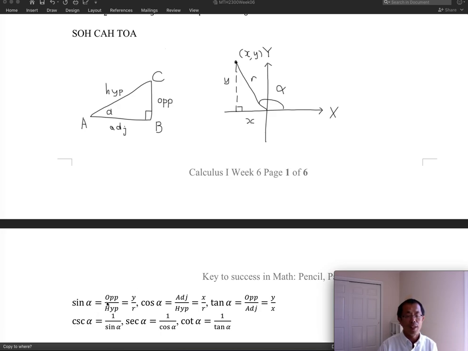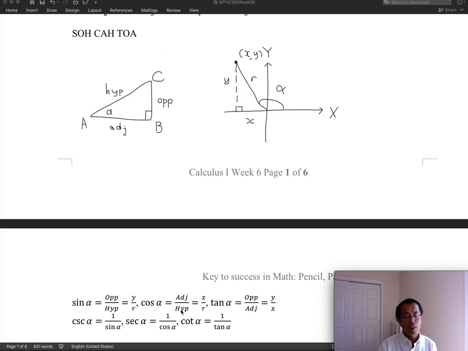Sine is the opposite over the hypotenuse, considering the supplementary angle inside the right triangle. But this time the opposite side is recognized as the y-coordinate, so it is y over r. Sine is the ratio of y over r. This is more generalized, and it is the standard definition of sine.